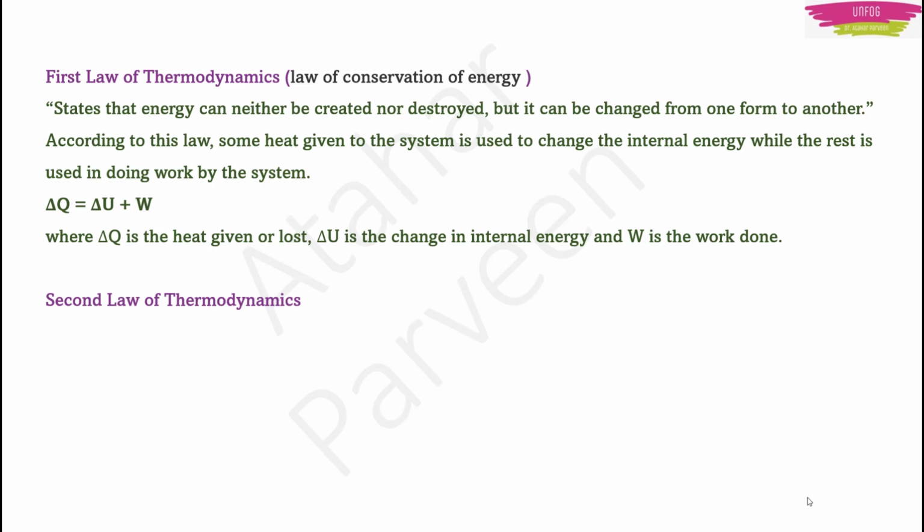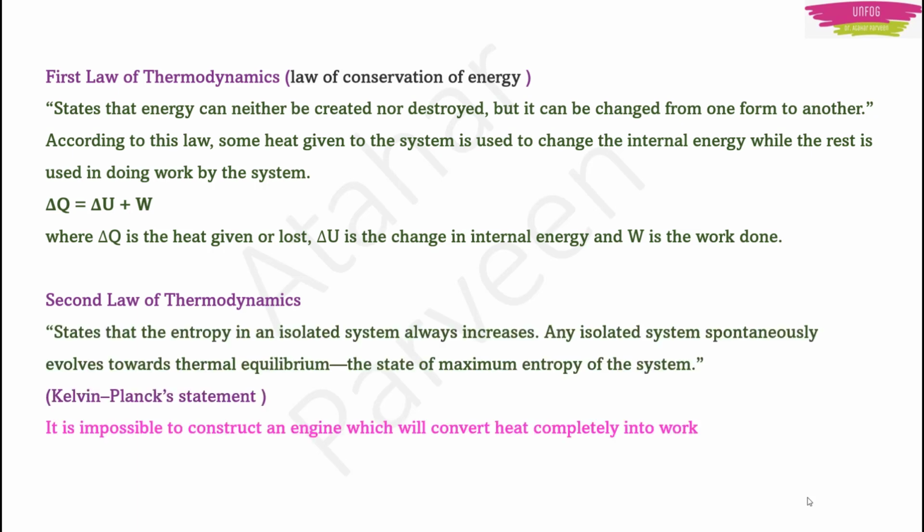Now, second law of thermodynamics. It states that the entropy in an isolated system always increases. That means the disorderness always increases. Any isolated system spontaneously evolves towards thermal equilibrium, meaning there is a state of maximum entropy of the system. Second law of thermodynamics is also known as Kelvin-Planck's statement.